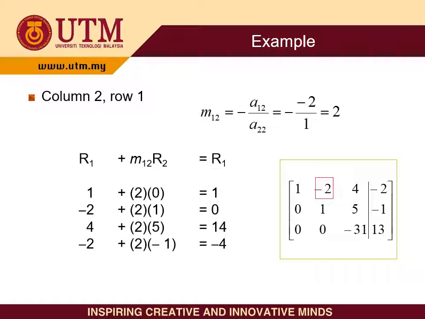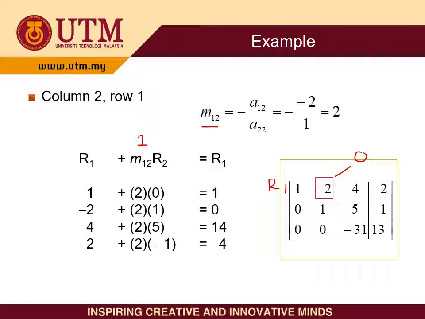Then they want to change this to become 0, and the way they want to do it is by finding the M12 and changing the row 1. So here they already got row 1 plus the M12 here that they found is 2, R2 equals to R1.